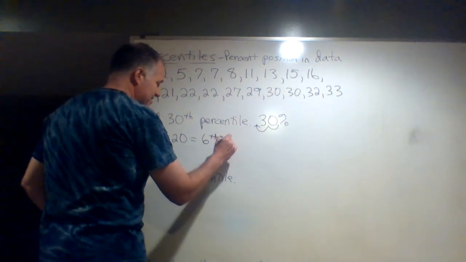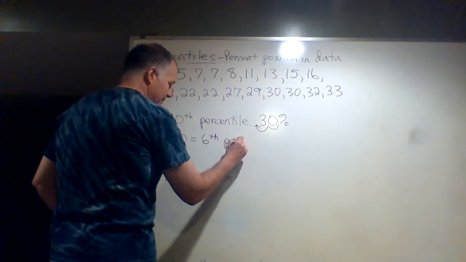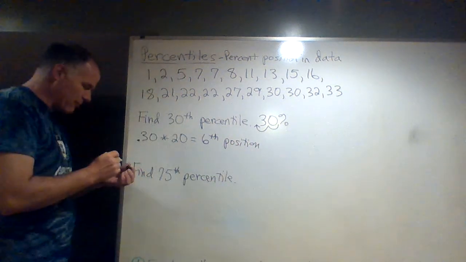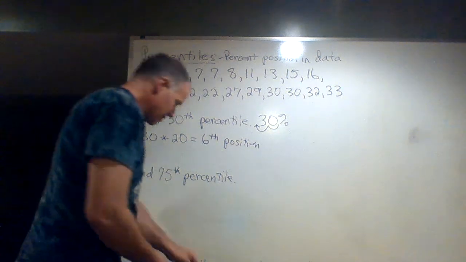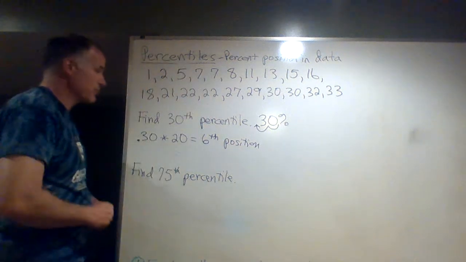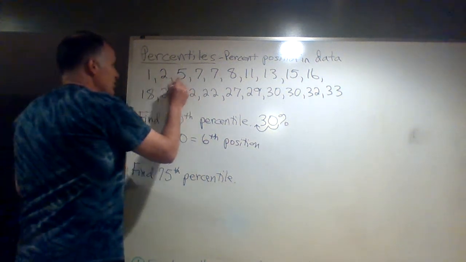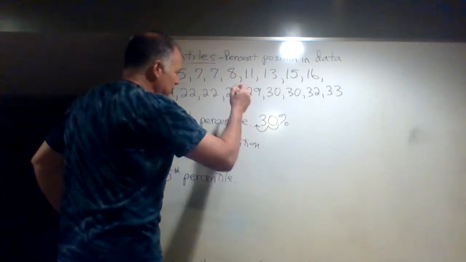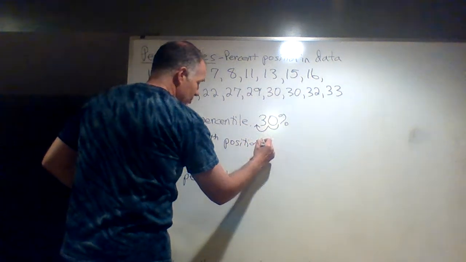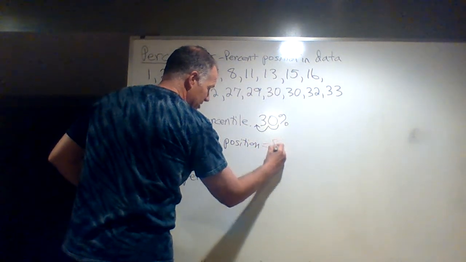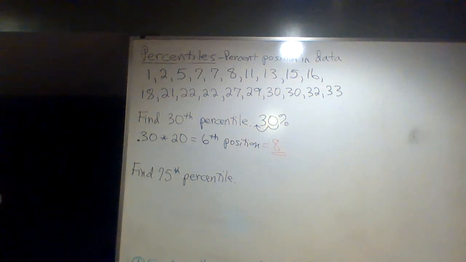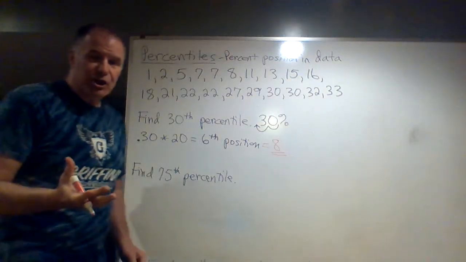So the 6th position, or the 6th number, is the 30th percentile. So 1, 2, 3, 4, 5, 6. The 6th position, or the 30th percentile, is the number 8. And that's how they're going to do it on the exam.